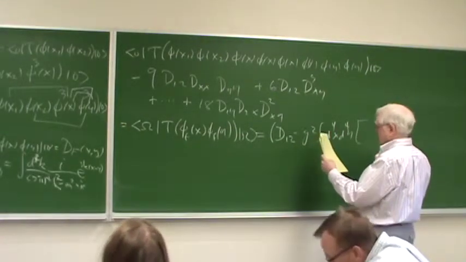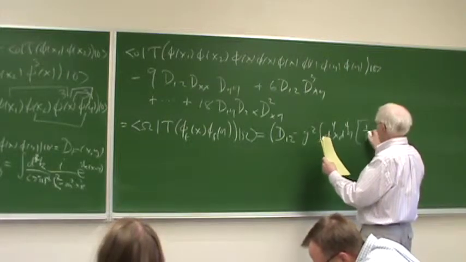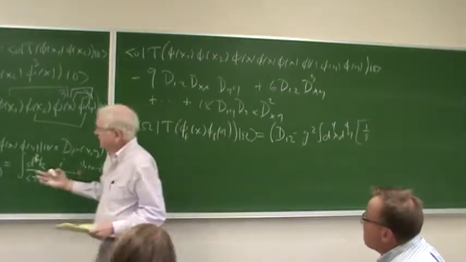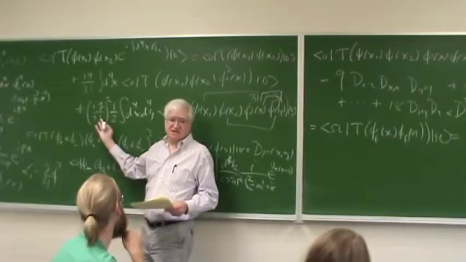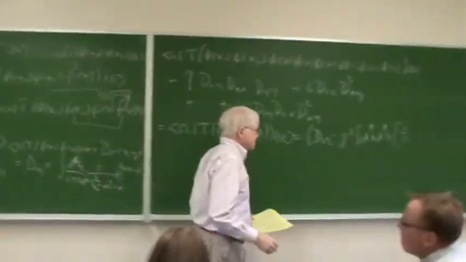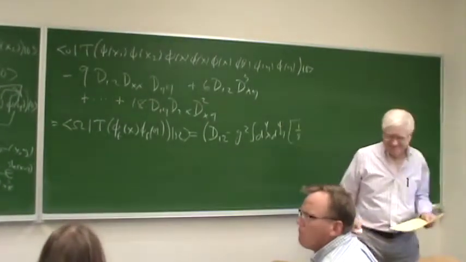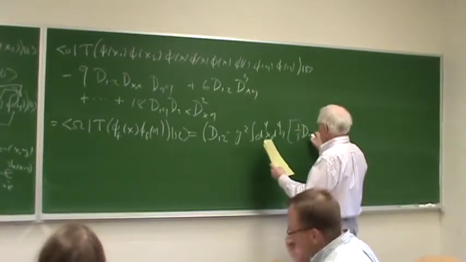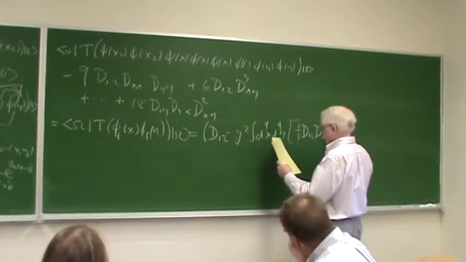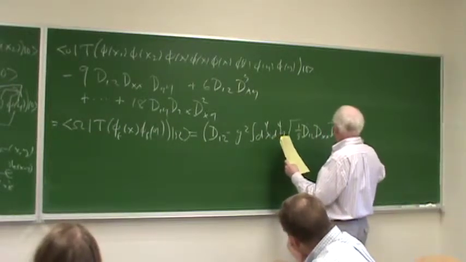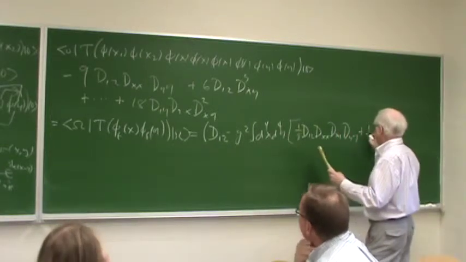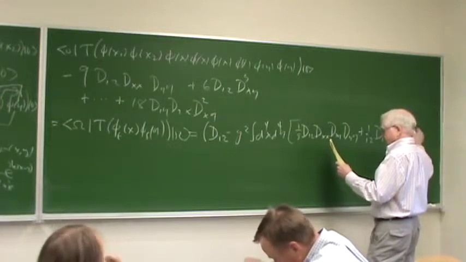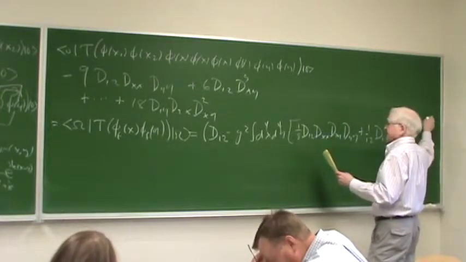And then these terms turn out to be 1/8. That's because each g had a 3 factorial, so you've got 6 squared there, 36. Okay, 1/8 D12 Dxx Dxy Dyy, and 1/12 D12 Dxy cubed. I'm just going to say plus dot dot dot for the moment.